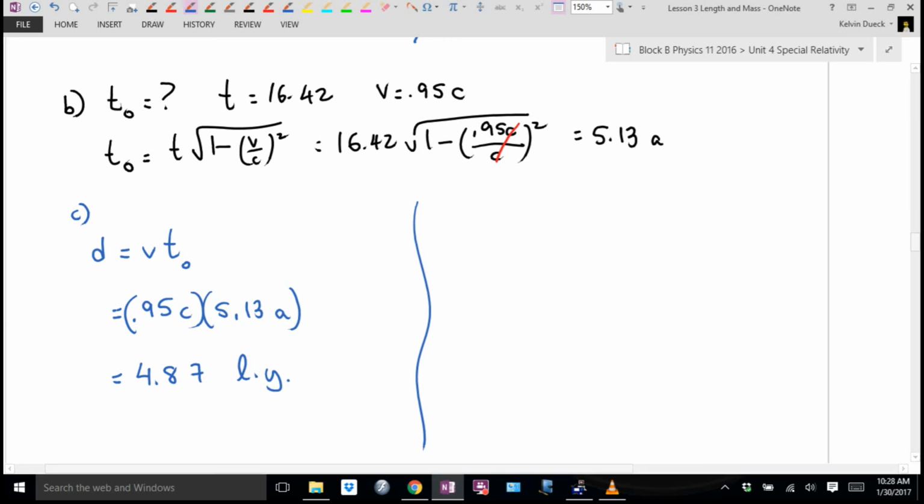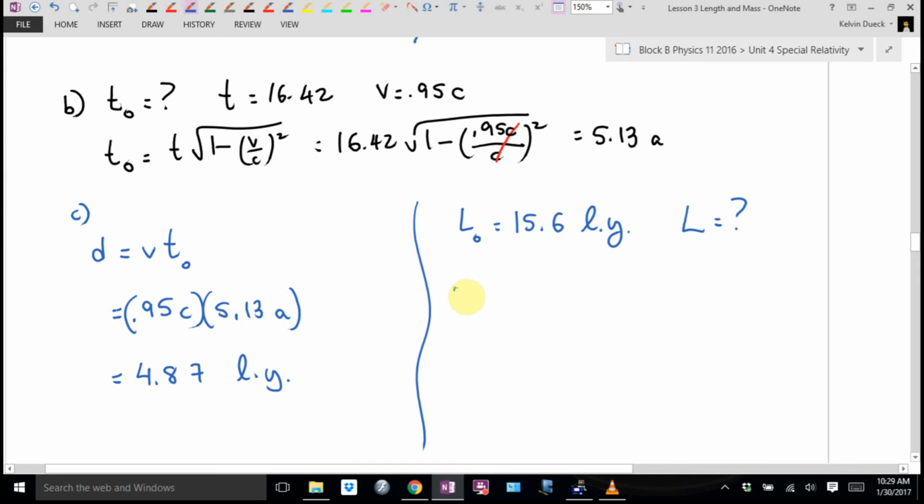So Einstein had run those numbers, and he said something weird's going on with length. The other way to do this is actually to use our new length contraction equation. L0 is the original distance, which was 15.6 light years. We would like to find L, the moving distance that the spaceship experiences.